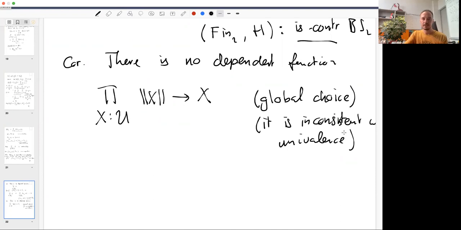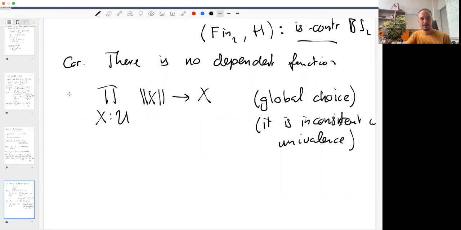Some of you may know that the Lean proof assistant assumes global choice. So their system is not consistent with univalence. They also assume that every type is a set, of course, which is false for us. But let's see why global choice cannot hold.